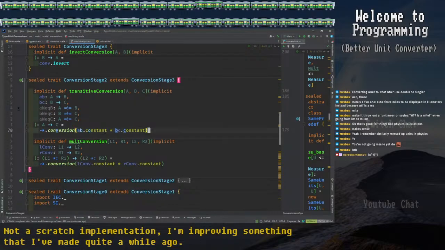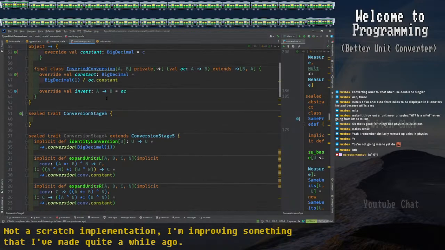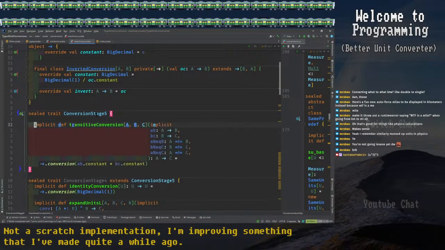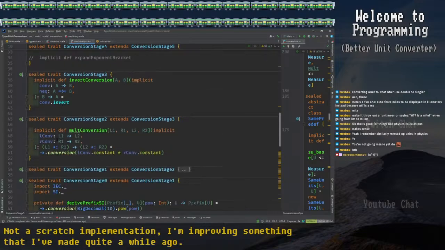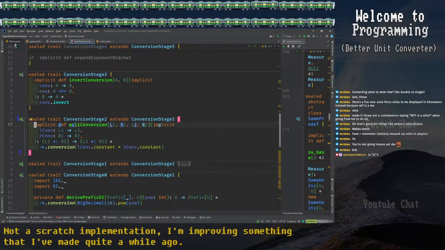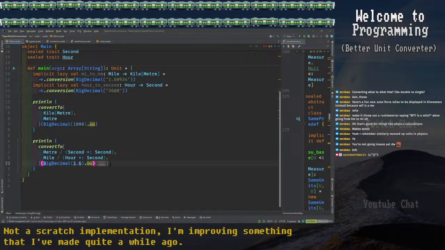Now we take conversion stage, this all the way to here. Put that at the very bottom of the stack. Maybe that will stop it from doing... I don't know.